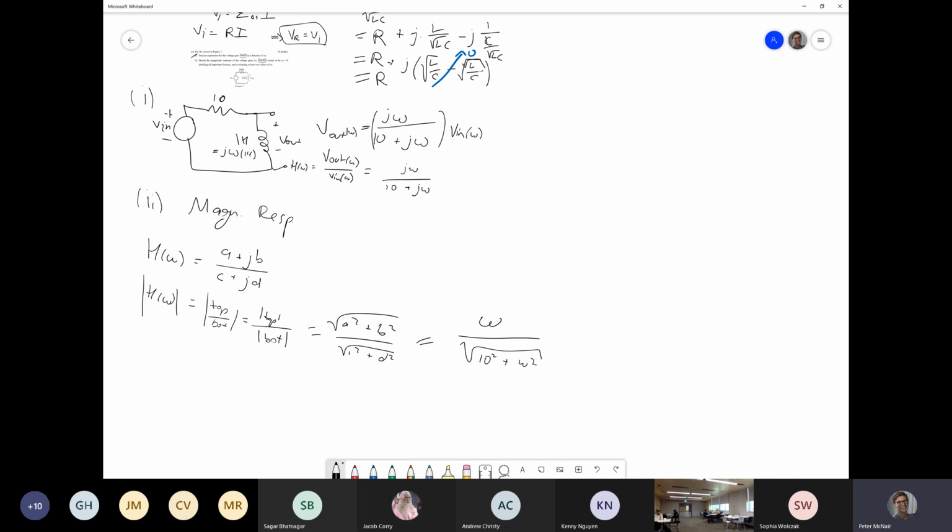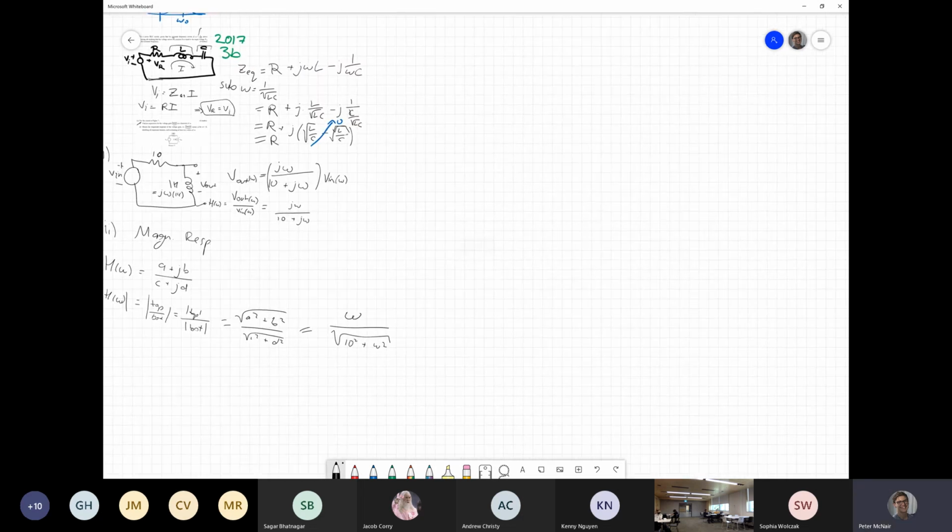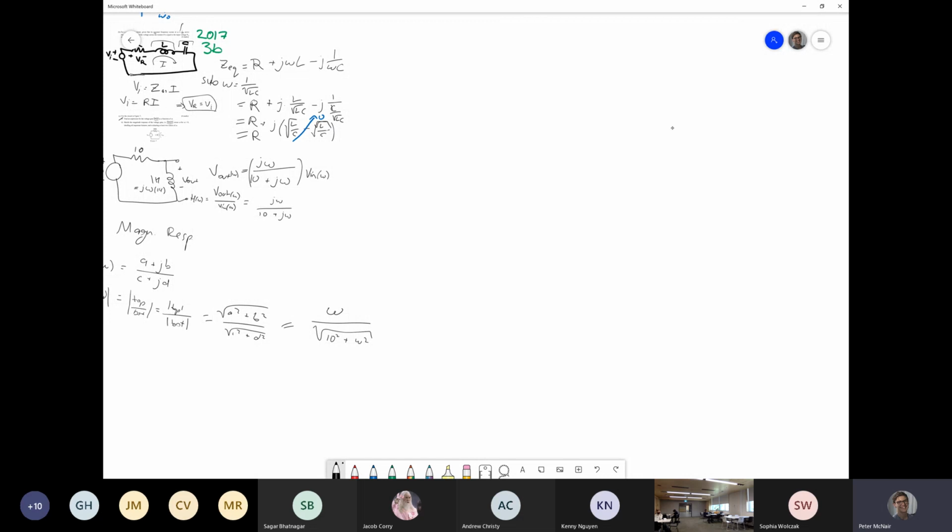This might not look particularly pretty, but we just need to know what happens at a few key values. So let's sketch it like this. I'll make it a bit bigger. We're going to sketch it versus omega.